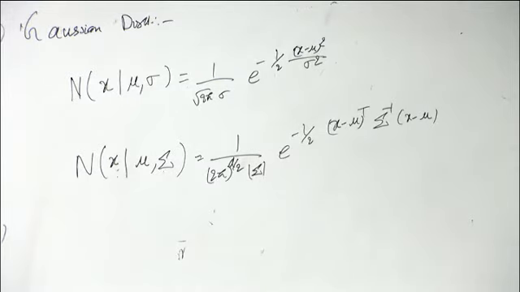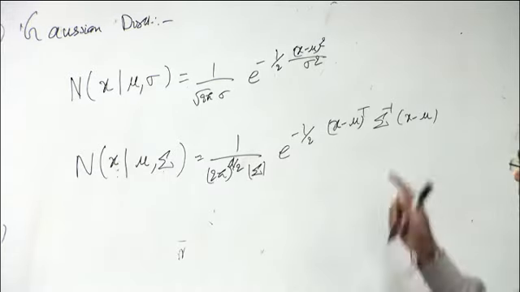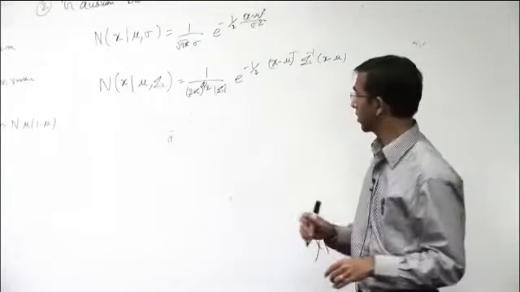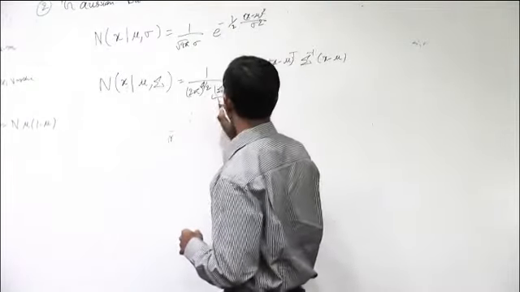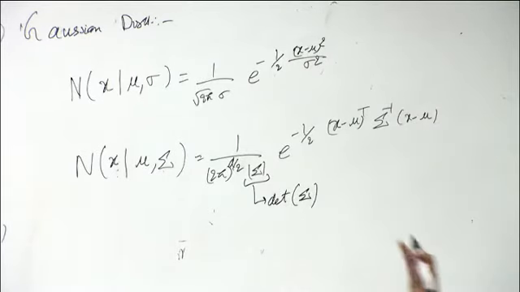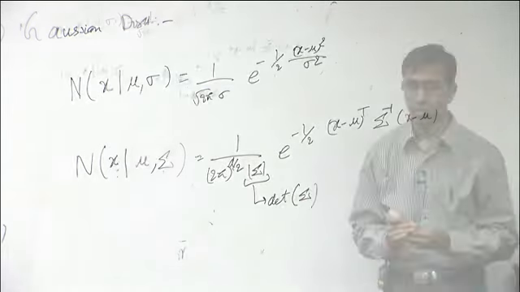Sigma is now a d by d matrix if you have a d-dimensional Gaussian. This is the determinant of sigma. Sigma should be a positive definite matrix. If you don't know what positive definite means, we'll discuss that in the next class.